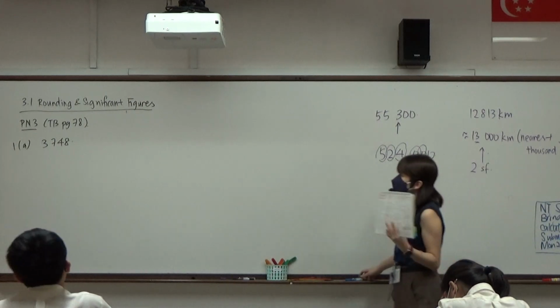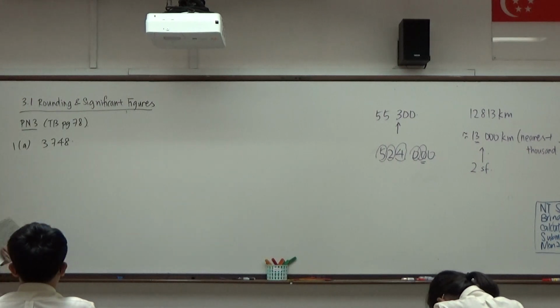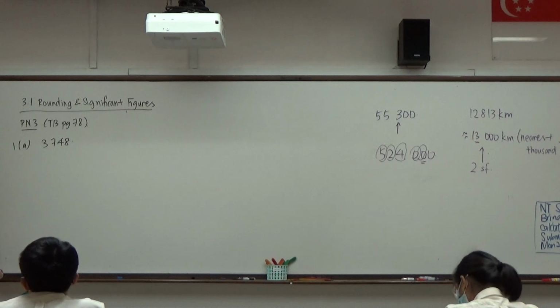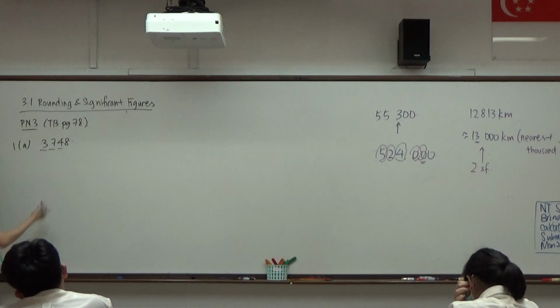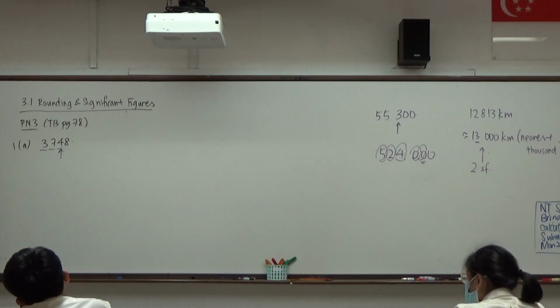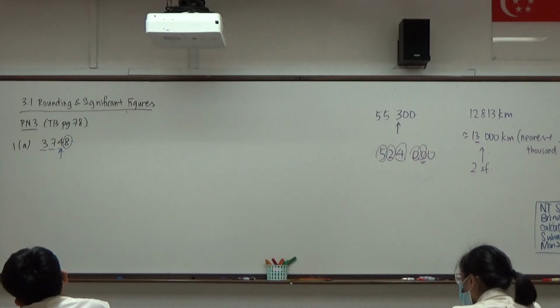So we have the number 3748. To round off to 3 significant figures, I need to first know where 3 significant figures end. So this is the first, second, and third. That means I need to round off up to here. And the next digit is actually an 8. So do we round up or down?